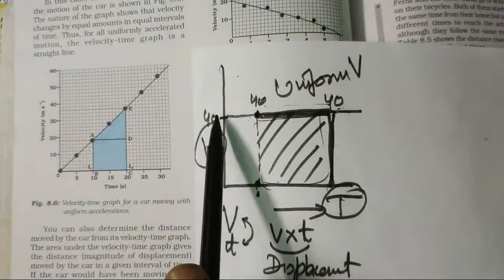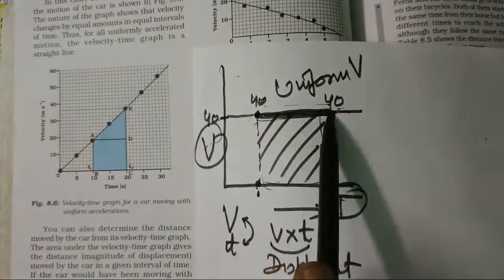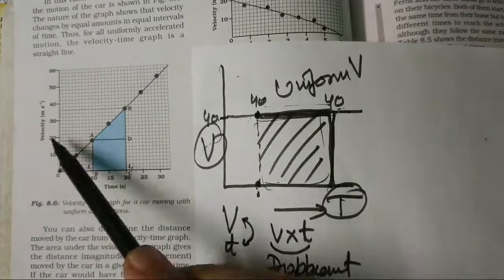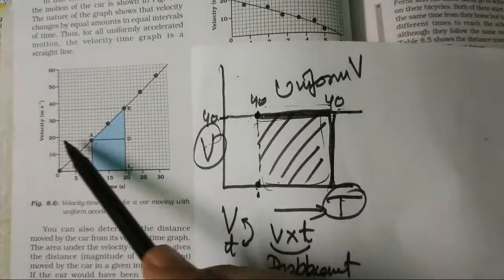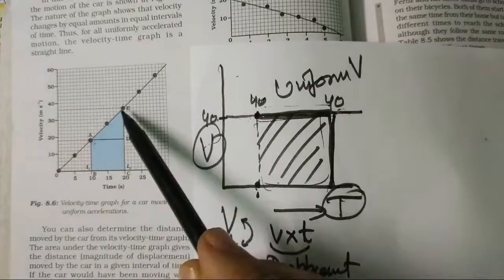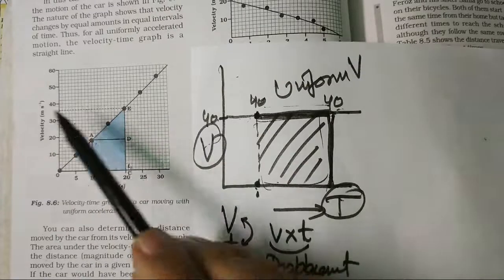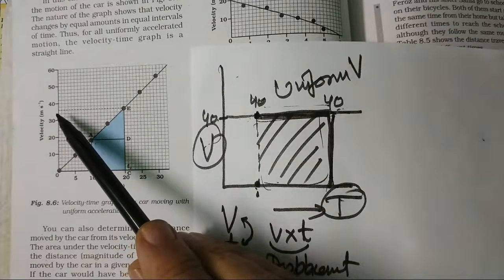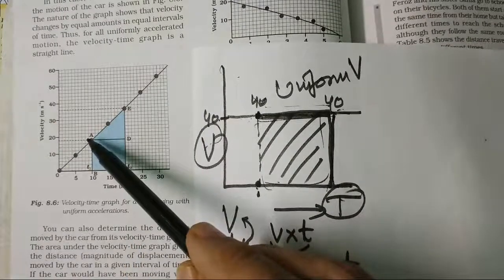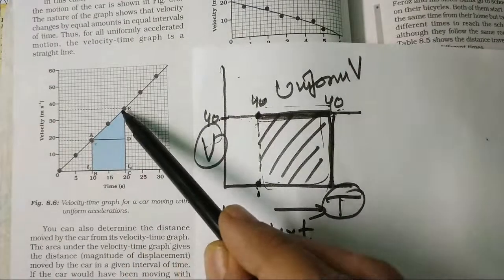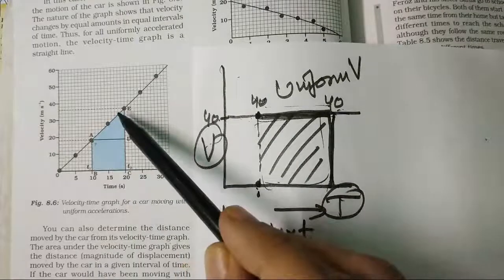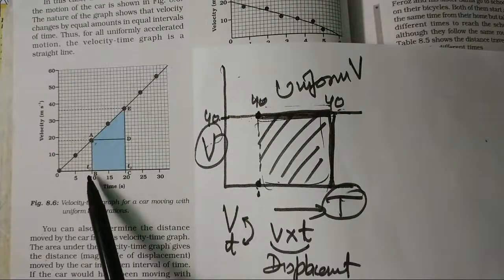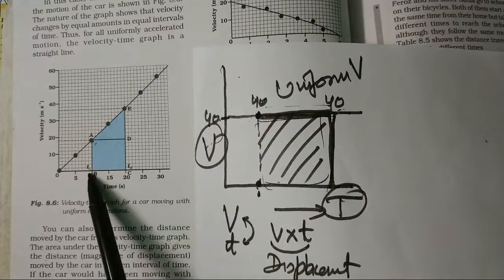Now this velocity is 40, it remains 40, but in this the velocity at point A is shown as 20. At this point it is showing less than 40, let's say 35. So here the velocity was 30, here the velocity is more, so the velocity has changed, and the time of course has also changed, 10 and 20.